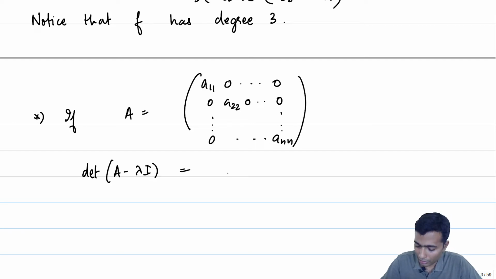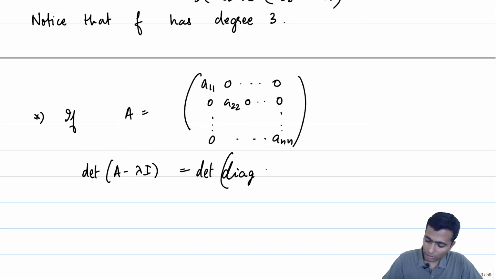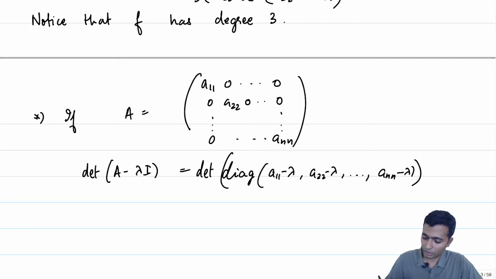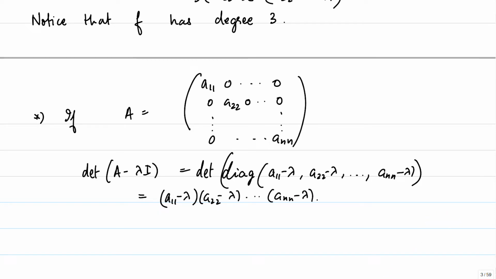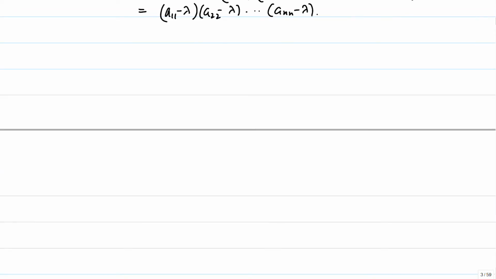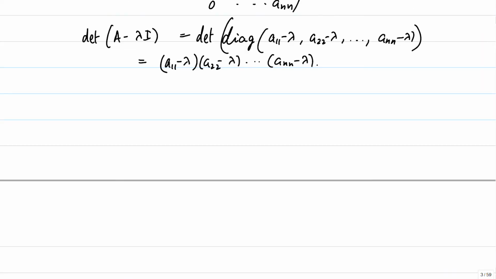In compact form, this is the determinant of the diagonal matrix consisting of A11 minus lambda, A22 minus lambda, up to ANN minus lambda. This is just the product of these entries: A11 minus lambda into A22 minus lambda, up to ANN minus lambda. So for diagonal matrices we can very easily compute the characteristic polynomial.